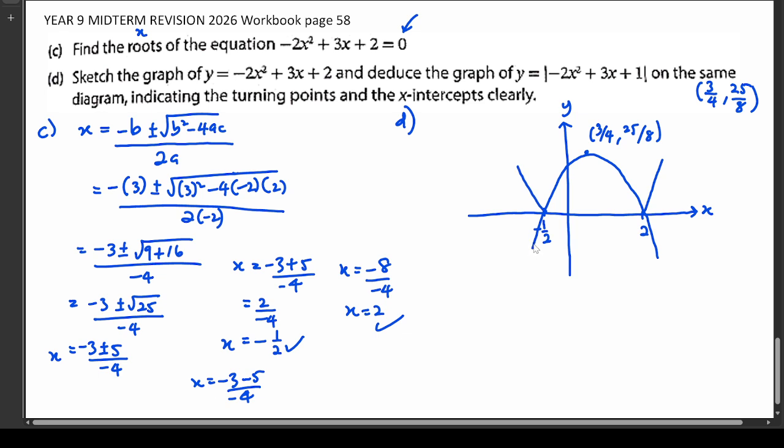Okay, so that is your modulus graph. So you have two graphs here. The normal graph, we have positive and negative regions, and when you modulus the entire graph, that means this part that is below the x-axis will be reflected to above the x-axis, so that it is a positive value.